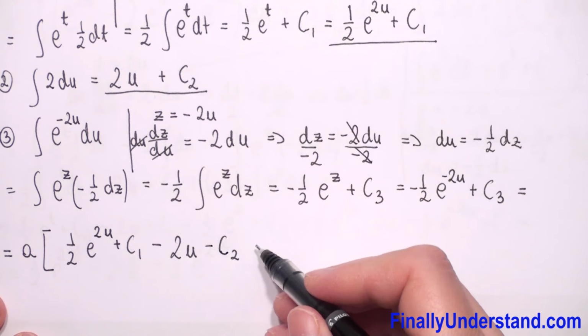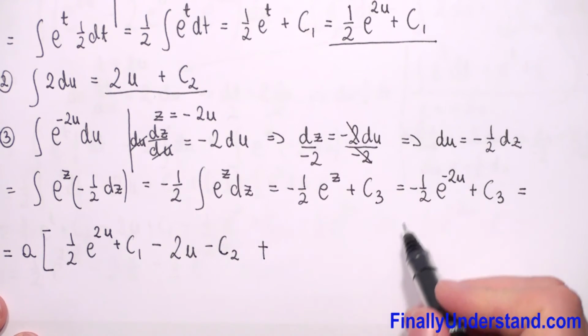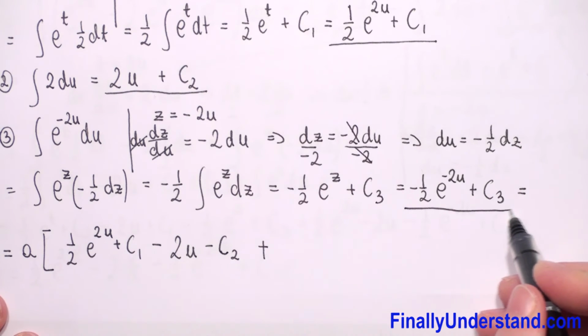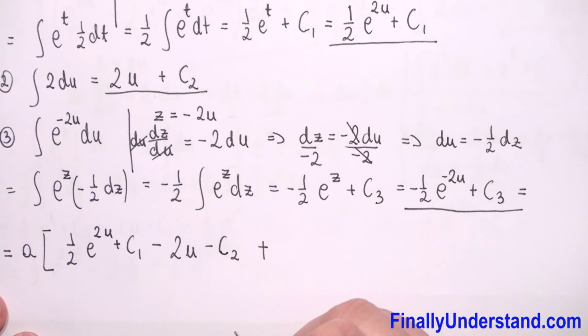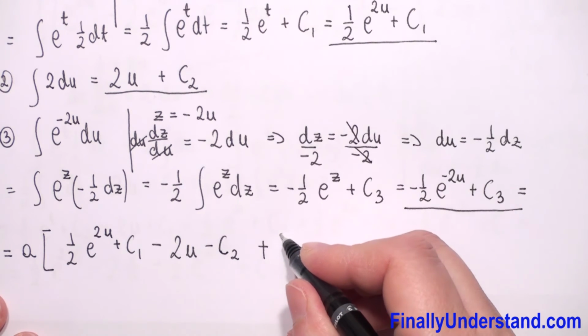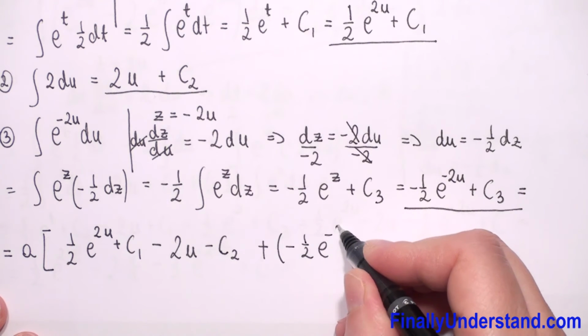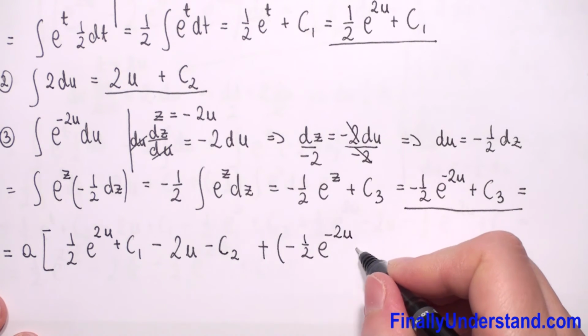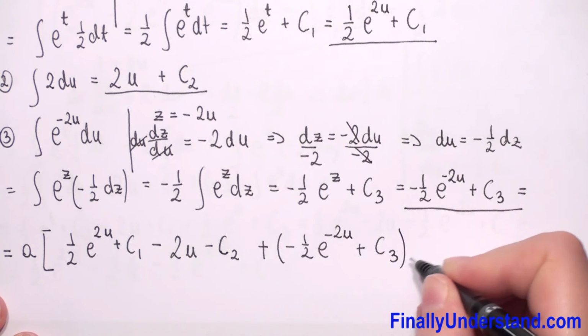And next, the third integral we have equal to negative, so I will put this in parentheses. We have negative 1/2 e to the power negative 2u plus c3.